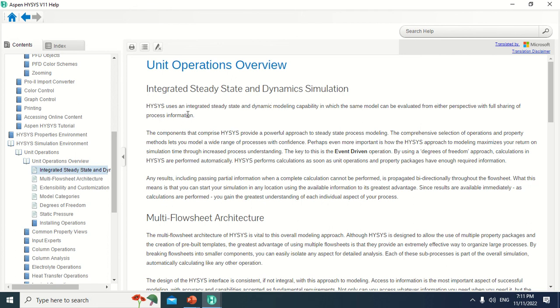HYSYS uses an integrated steady state and dynamic modeling capability in which the same model can be evaluated from either perspective with full sharing of process information.